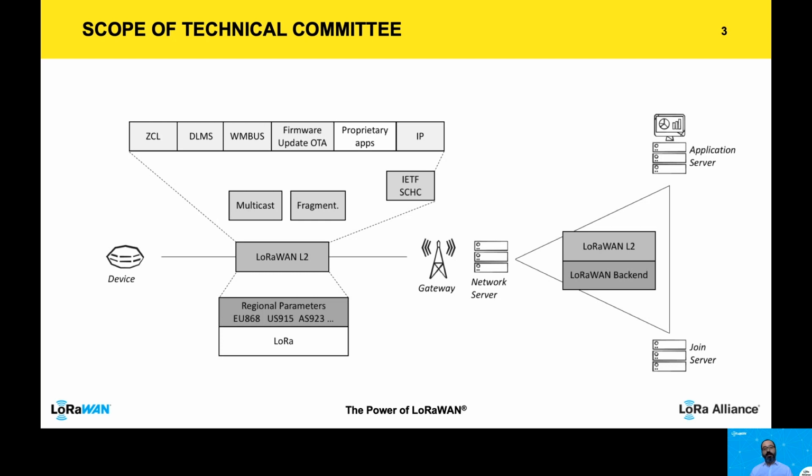And on the network side, we have decomposed the singular network into so-called network server, joint server, and application server. And we've been standardizing the so-called backend interface specs. So each element can come from a different vendor and be operated by a different entity and still achieve interoperability while nurturing a healthy, ever-growing ecosystem.